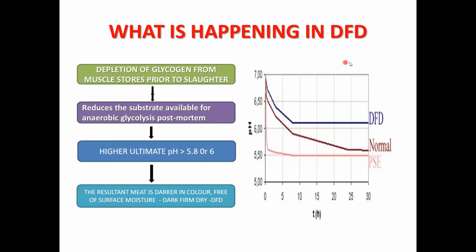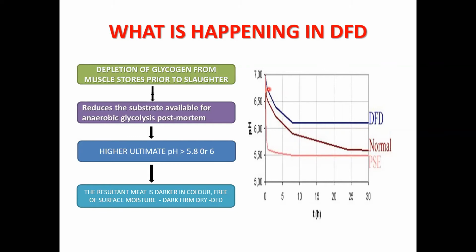So what is happening in the DFT, or how is it occurring? Before understanding the DFT, let's understand what is happening in the normal muscle. In the normal muscle before slaughter, the pH is around 7 or 7.1. Once the animal is slaughtered, there's a shifting from aerobic glycolysis to anaerobic glycolysis, which we have seen already in the lectures on conversion of muscle to meat.